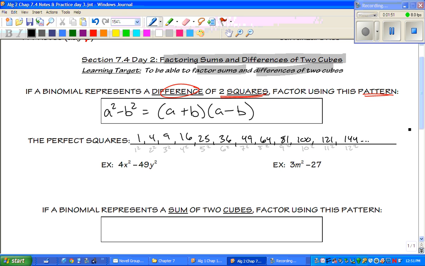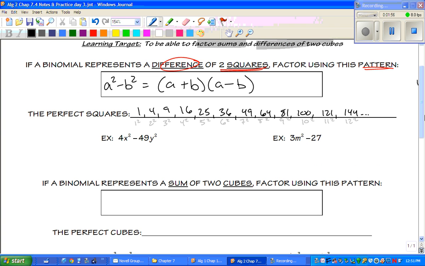So let's look at the first example. You have 4x squared minus 49y squared. Now, we always ask ourselves, is there a GCF? No. And now, is it the difference of two squares? Yes, because it's subtraction.